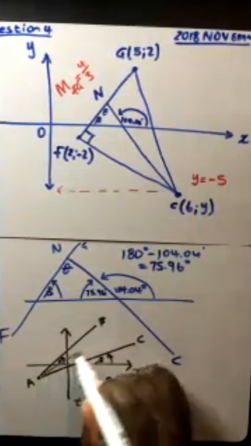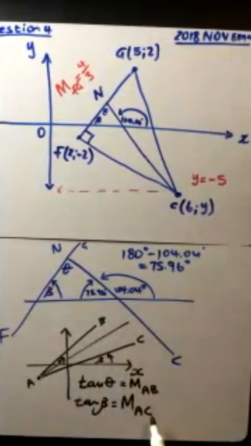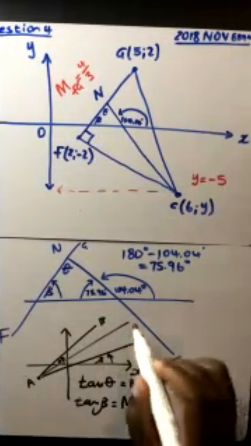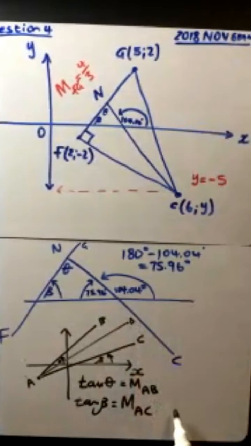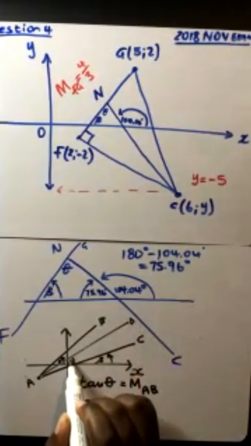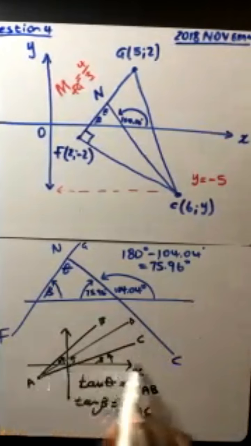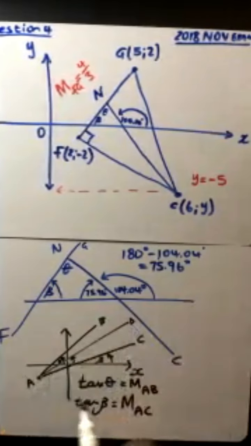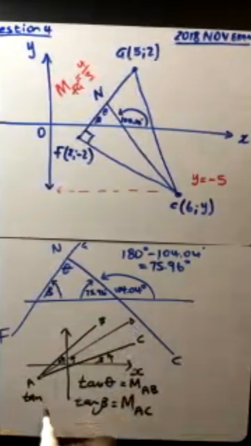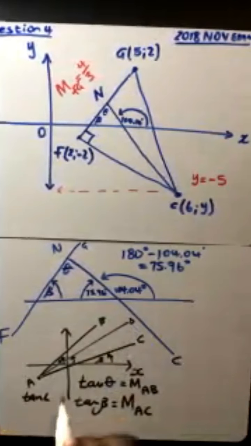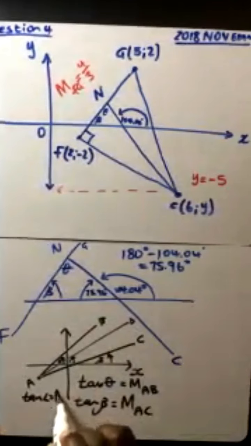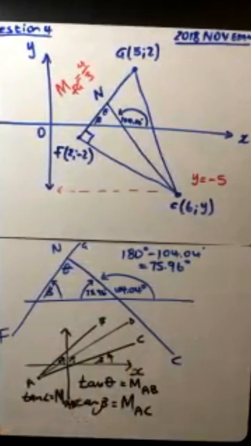Similarly, if you've got that line and this is maybe D, and you want that angle formed between the x-axis and that line, you can still say tan of that angle can be equated to the gradient of AD. Guys, do you understand this part that I've just explained now?